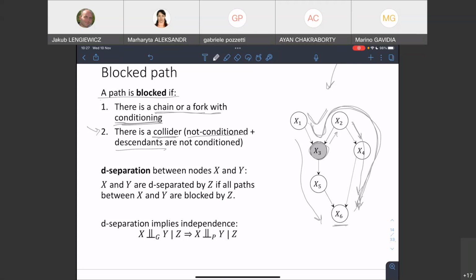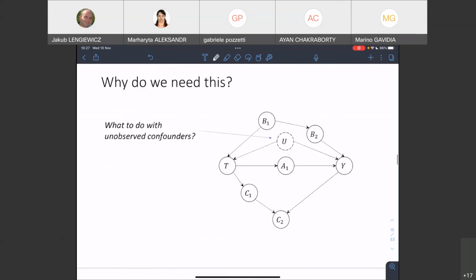These notions of blocked and unblocked paths are closely related to the notion of d-separation between nodes. D-separation stands for dependency separation. And essentially, when all the paths between two variables x and y are blocked, it implies that these two variables are d-separated, they are independent. So d-separation in the graph implies independence in the probability distribution. Now the question, why do we need all this theory?